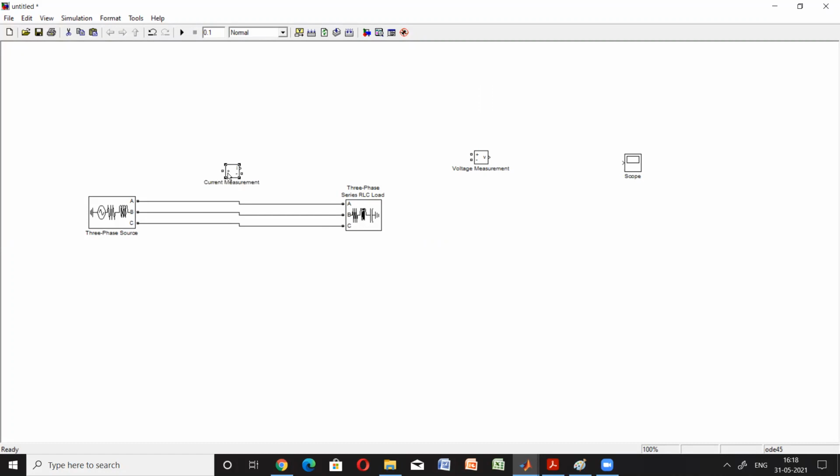I am connecting the ammeter in any one of the lines. Suppose I am connecting three ammeters. So this is one ammeter, this is one ammeter, and this is one ammeter. Okay, so let me connect three ammeters in the line.